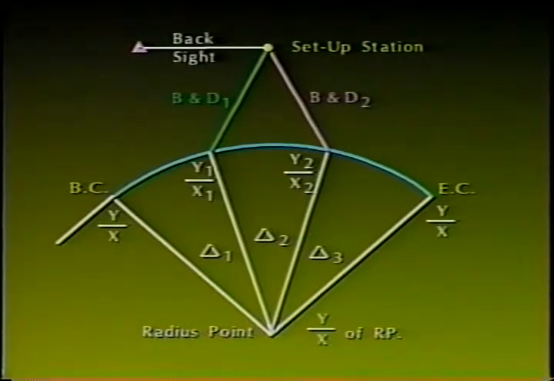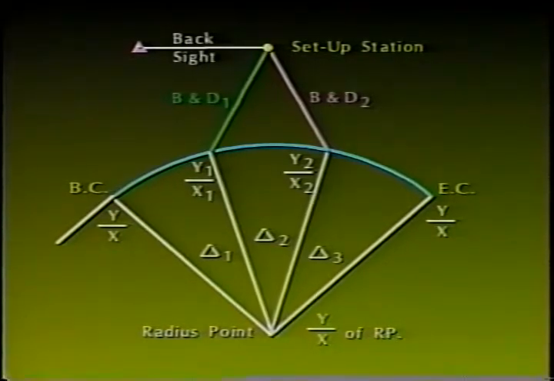Applying delta sub 1 to the bearing RP BC, the bearing RP POC sub 1 is determined. Using the coordinates of the RP, the coordinate of POC sub 1 is computed. Inversing between the setup point and POC sub 1 determines the bearing and distance to be laid out to correctly position POC sub 1 on the arc.